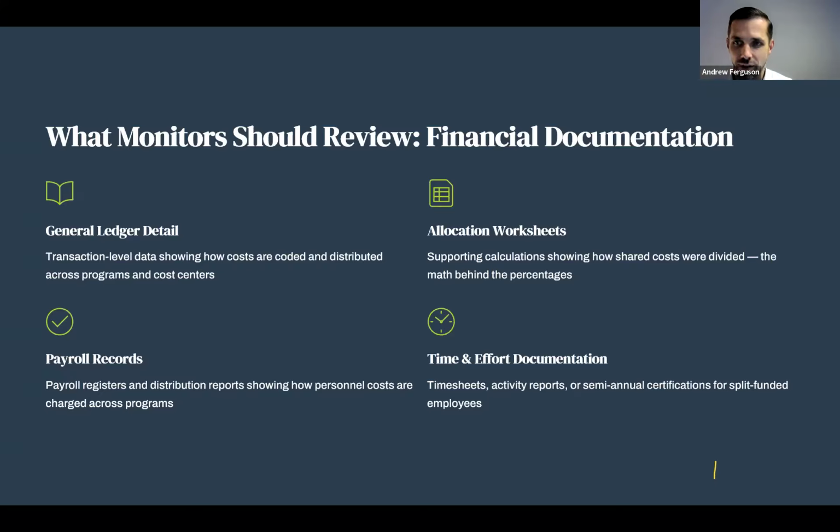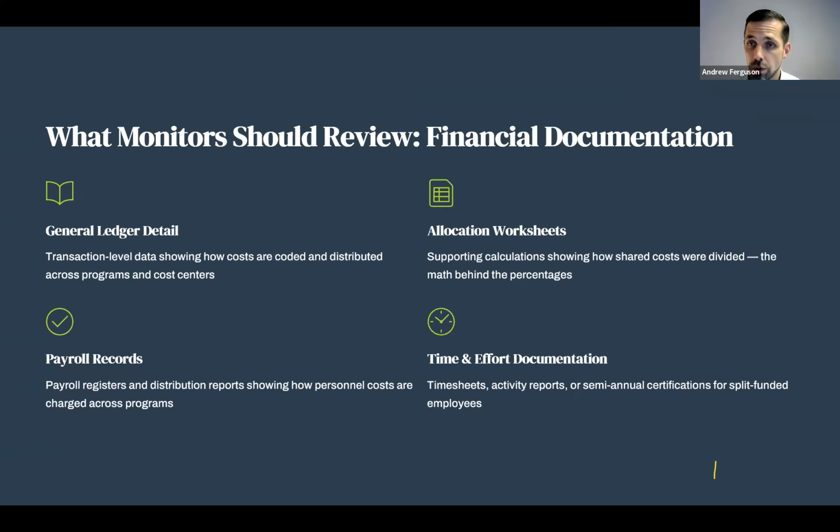Again, very simple, probably not very realistic. As the auditor, as the monitor, say we're monitoring CSBG specifically. I'd want to see that my total utility bill on my source document, my utility invoice, is $100. Then for this month I should see $33 being applied to CSBG, because it's a third of the $100. That would be what we would do there.